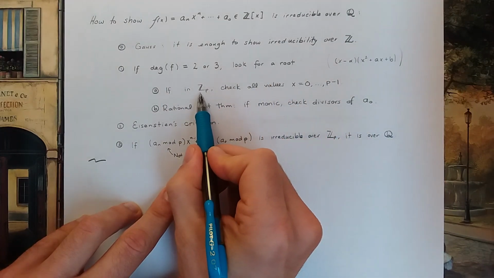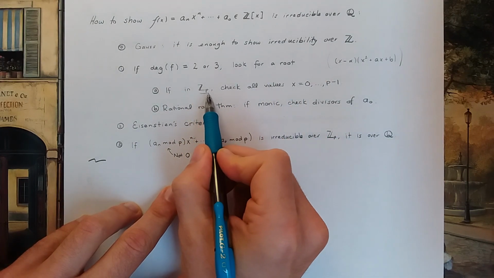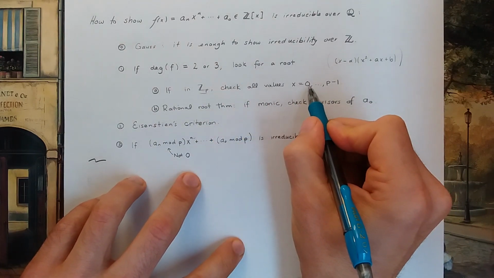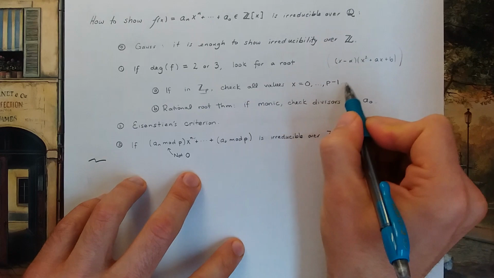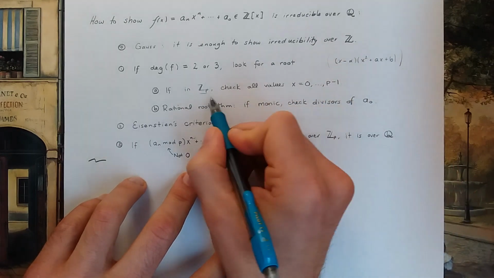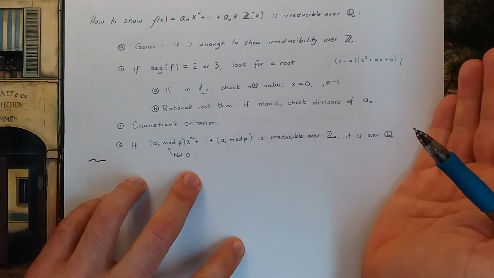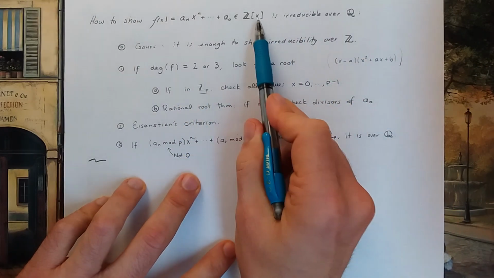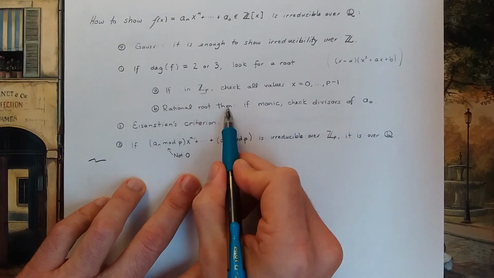Now, if you're in the field Z mod p and you're looking for a root, all you do is plug in the different values of x that you have in your field and check if any of them give you 0. If you're over the rationals or the integers, you have the rational root theorem.